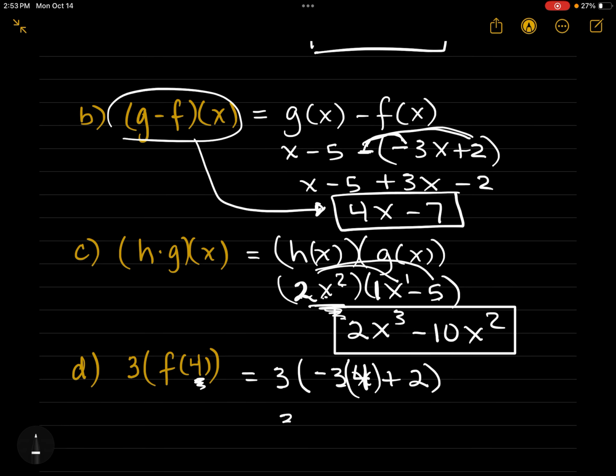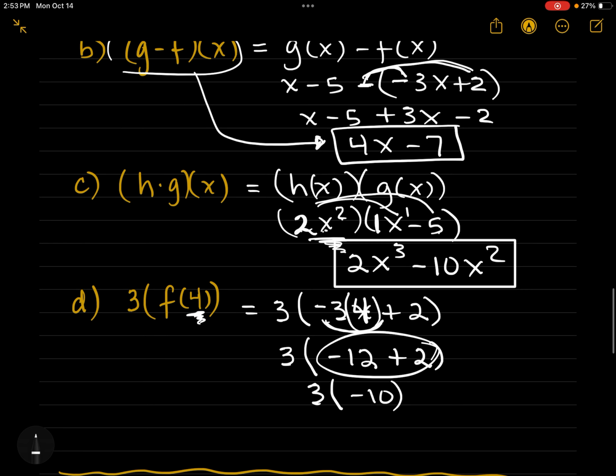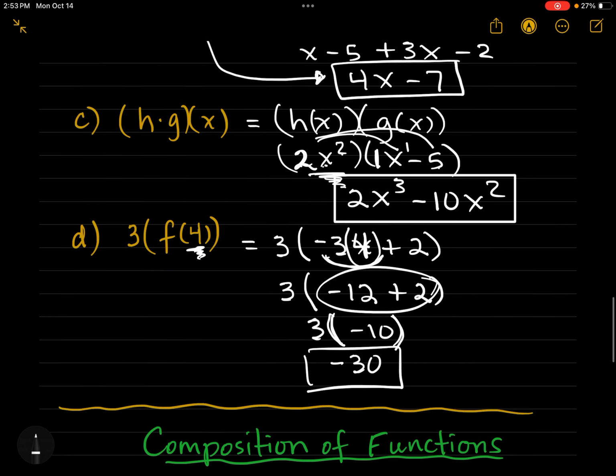So I can substitute that in, and I get 3 out here. This is negative 12 plus 2. Look at that. I was able to actually see what it equals because we know that x is 4. And now I'm still doing what's inside parentheses first. That gives me negative 10. This might look like subtraction, but this is multiplication because of the parentheses. Negative 30.